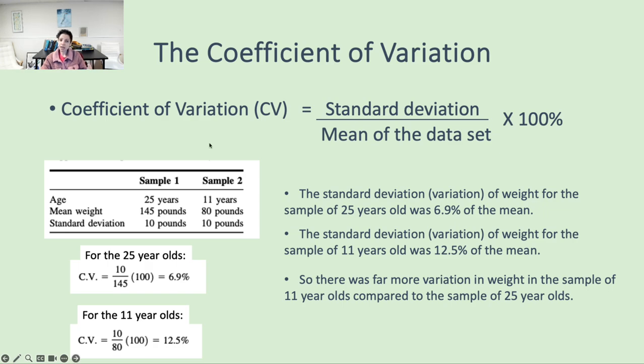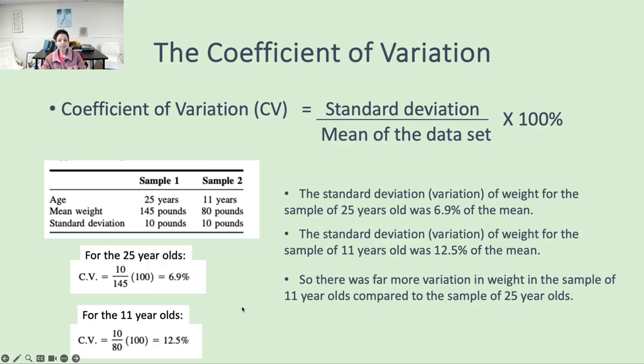But if we look at the coefficient of variation, for the 25-year-olds, 10 divided by the mean, 145, times 100 equals 6.9%. For the 11-year-olds, 10 divided by 80 times 100 gives us 12.5%.